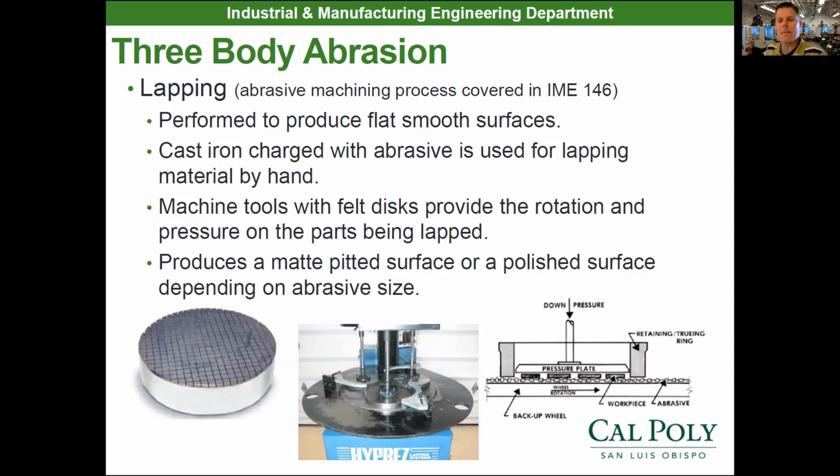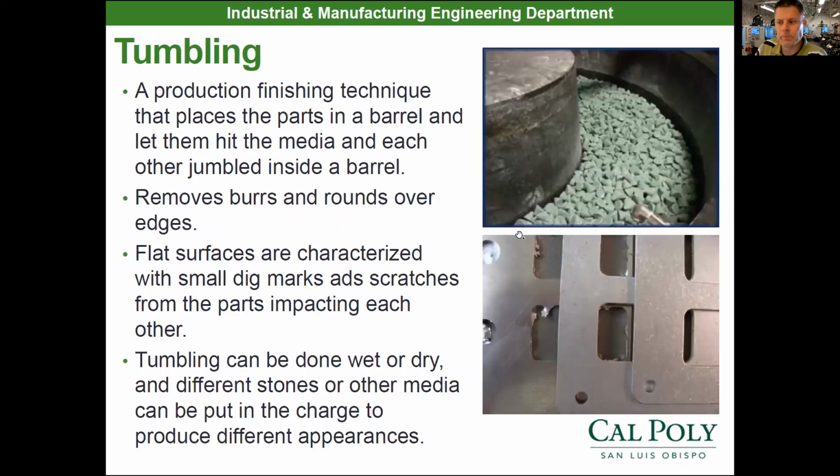Or you can have a lapping machine where you actually put the parts down on the machine, and it provides the pressure and the rotation right there. So we're not going to worry too much about lapping in this class, but realize it is a surface finishing technique, and we'll cover it when we talk about abrasives in IME 146. But realize it is 3-body abrasion. It mechanically finishes our surface.